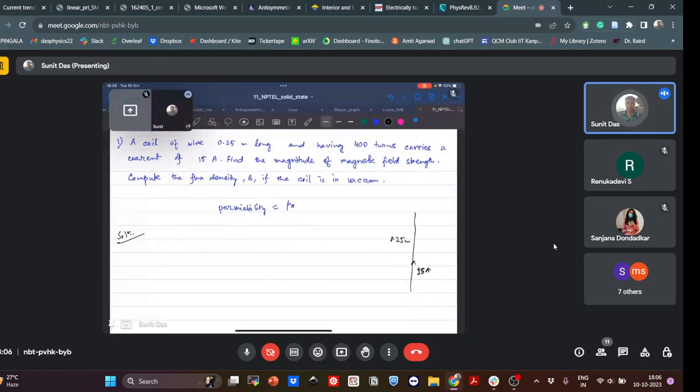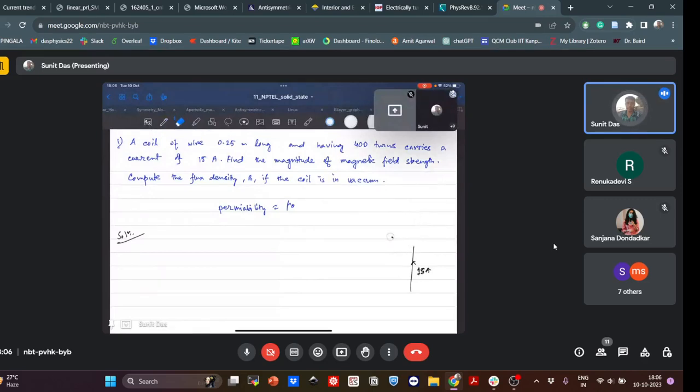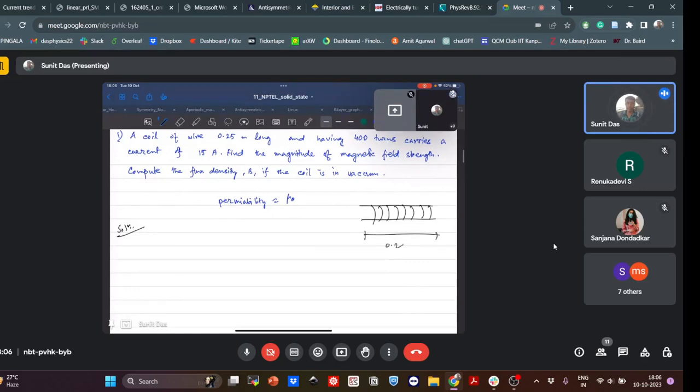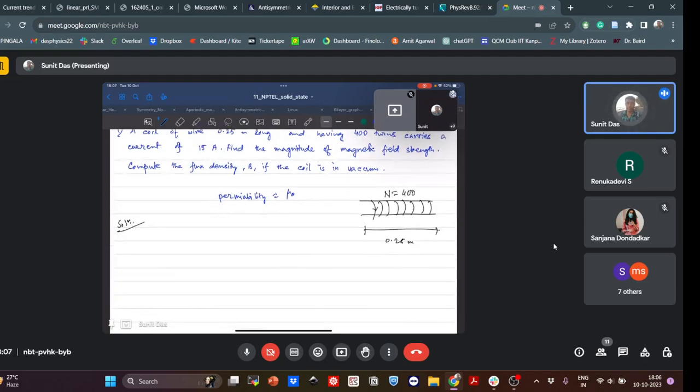Sorry, this is a coil. So the total length of the wire is 0.25 meter, and the turn number N is 400 and the current in this coil is 15 ampere.